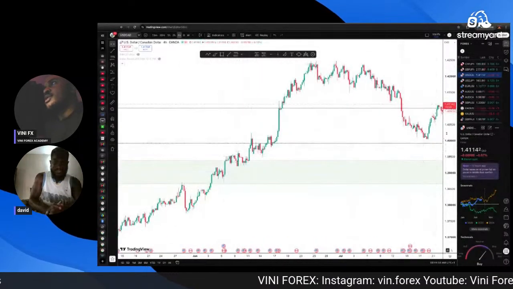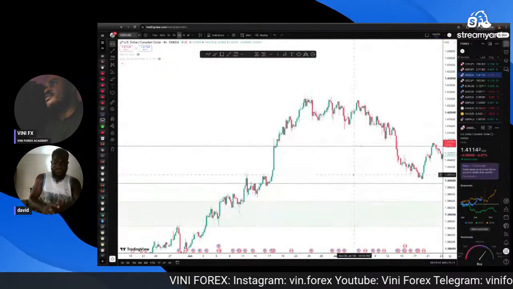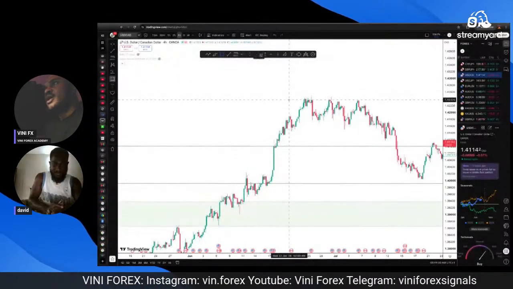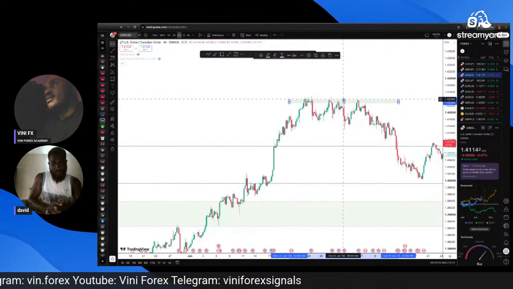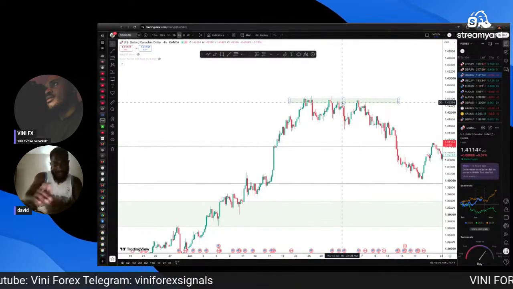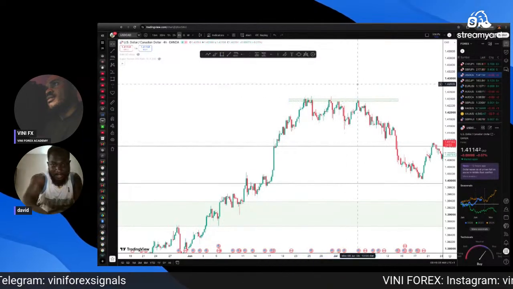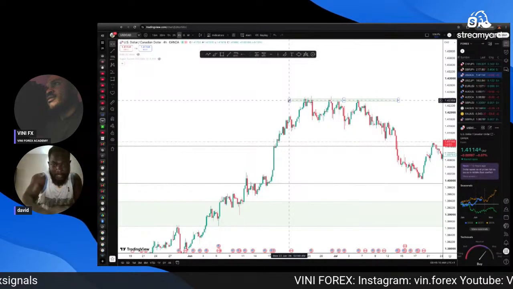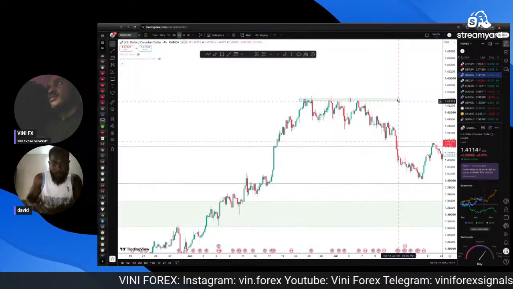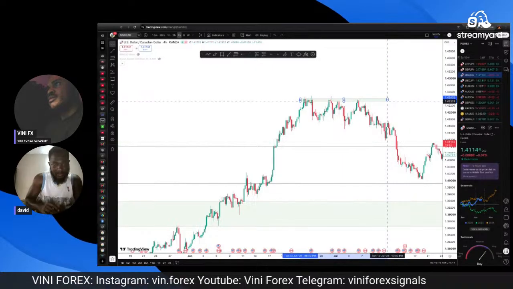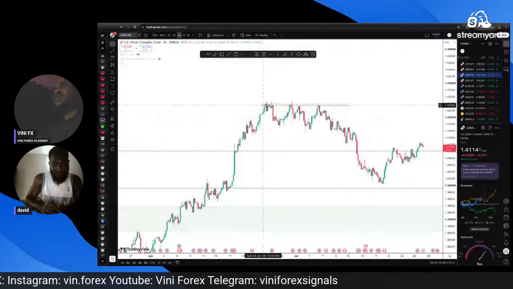Okay. So at this point now, do you see what the chart is doing here? What do you have here on the chart? First, we have a resistance here, double, equal high.